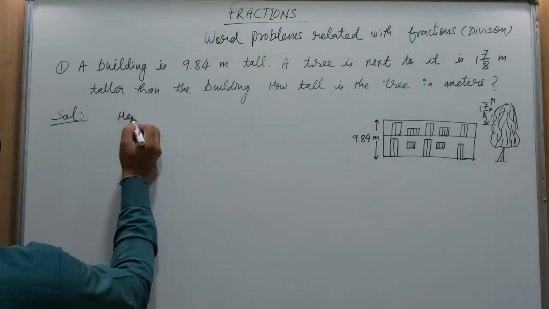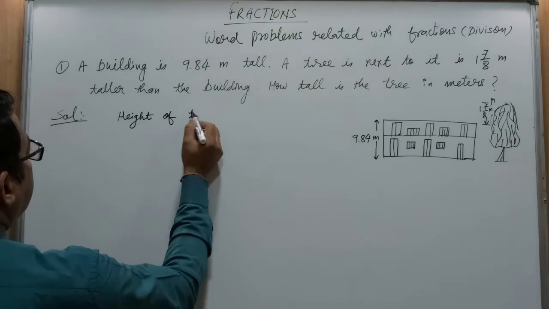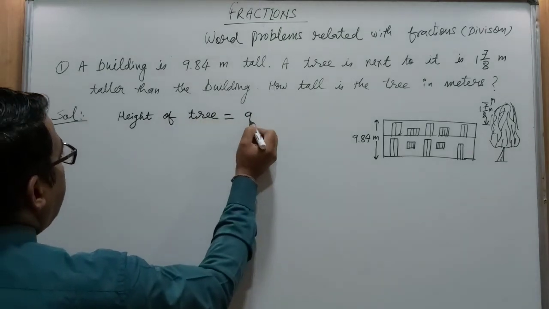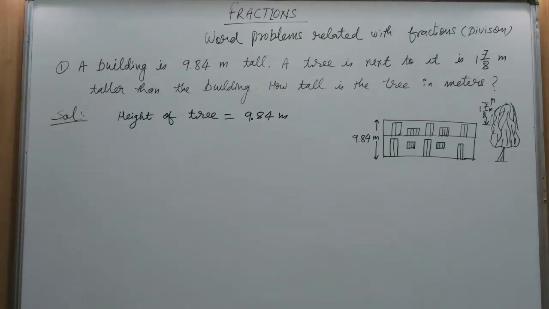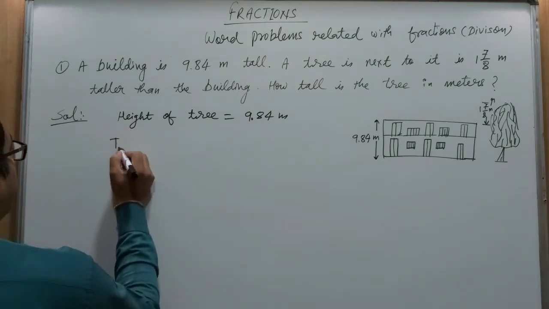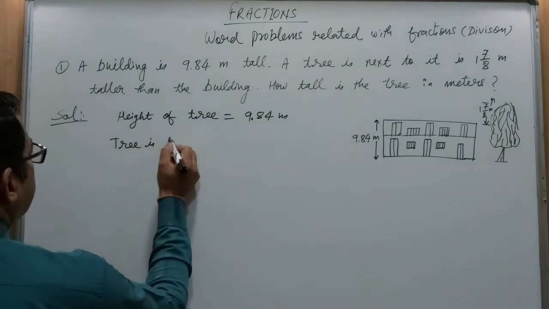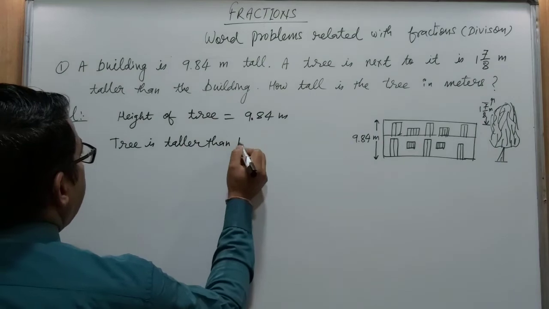The height of the building is given, it is 9.84 meters, right? And the tree is taller than the building.